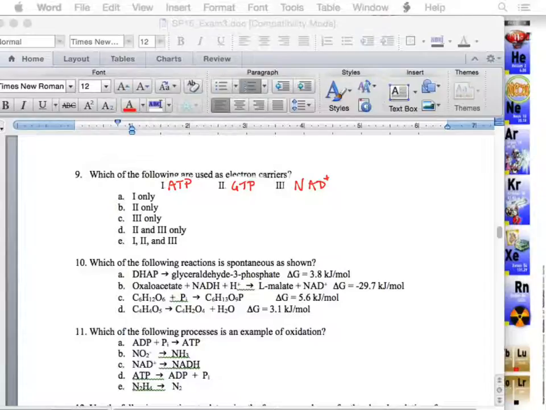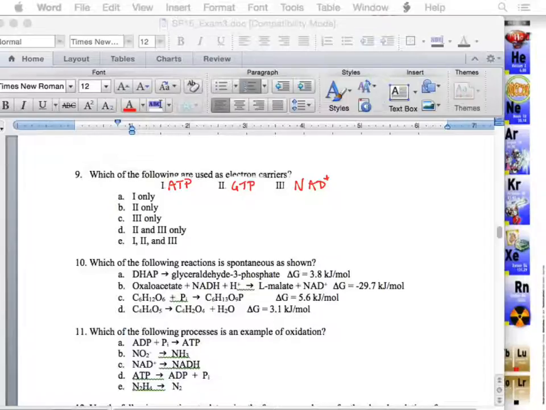I would probably rephrase the question to which of the following are carrying electrons, instead of being electron carriers, because NAD plus has the potential to carry electrons, which is where it becomes questionable. Changing the question to which of them are carrying electrons, NAD plus is not carrying electrons. Okay, it can, but it doesn't have them. Does that make sense?